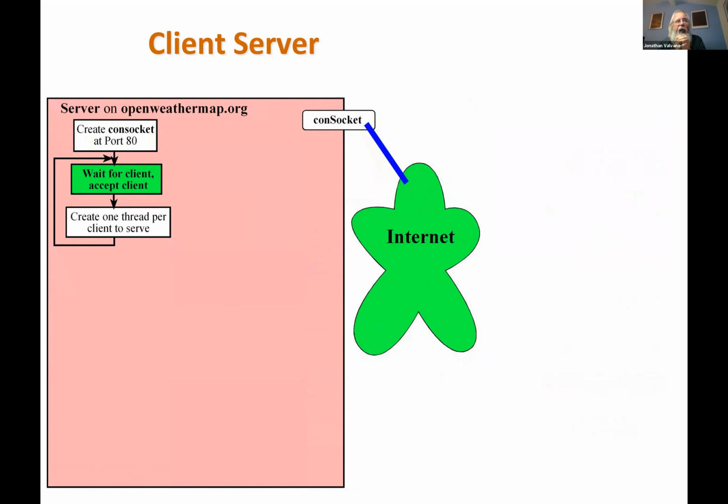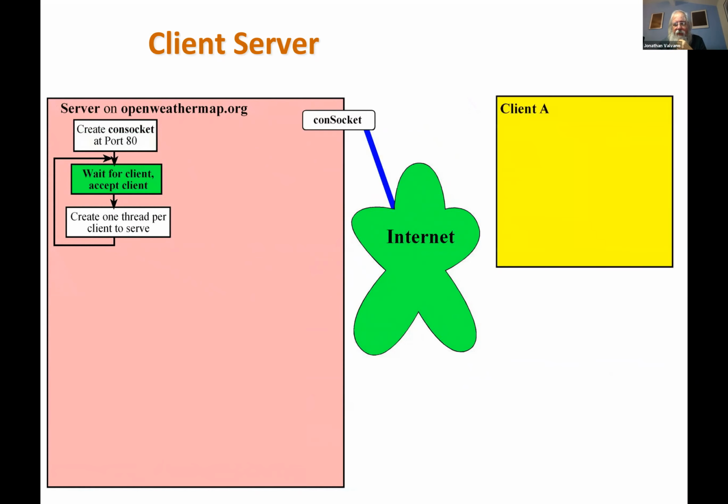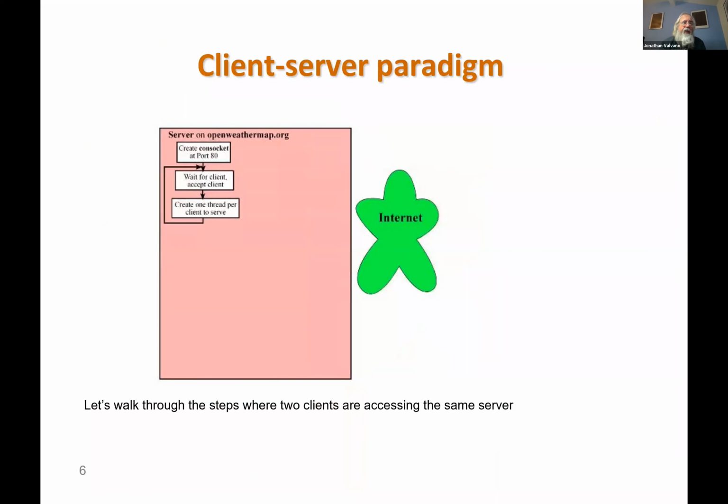And so what you want to get out of here is that in this client-server protocol, there are two types of sockets. One is an open socket, at port 80. When you first interact with openweathermap.org, you send a connection request through port 80, and it goes through their connection socket.